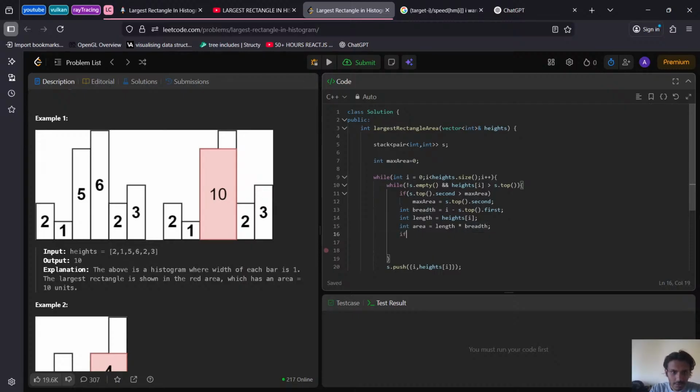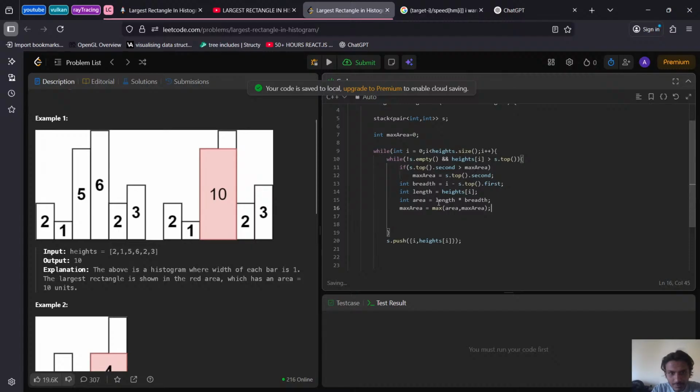Let's see, area is equal to max of area and max area. Okay, so after this we pop this one.